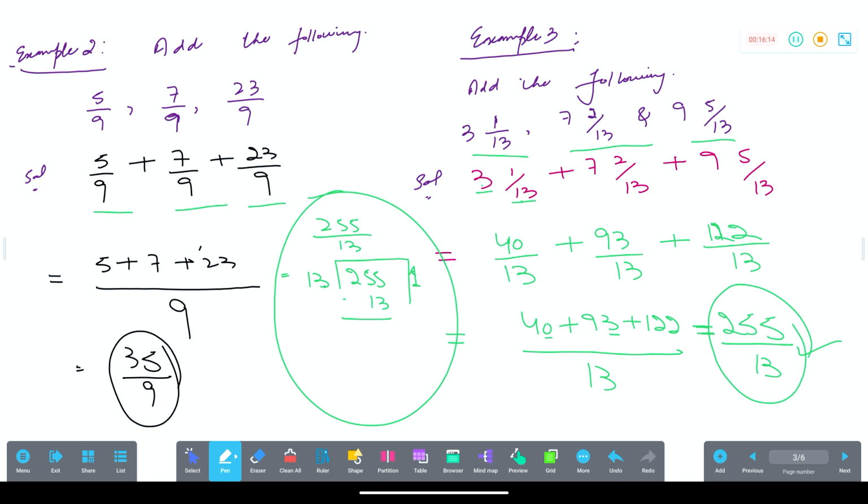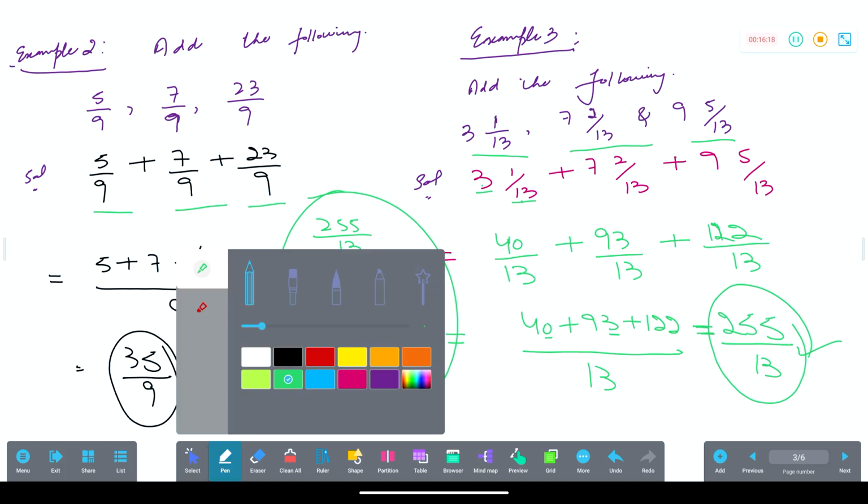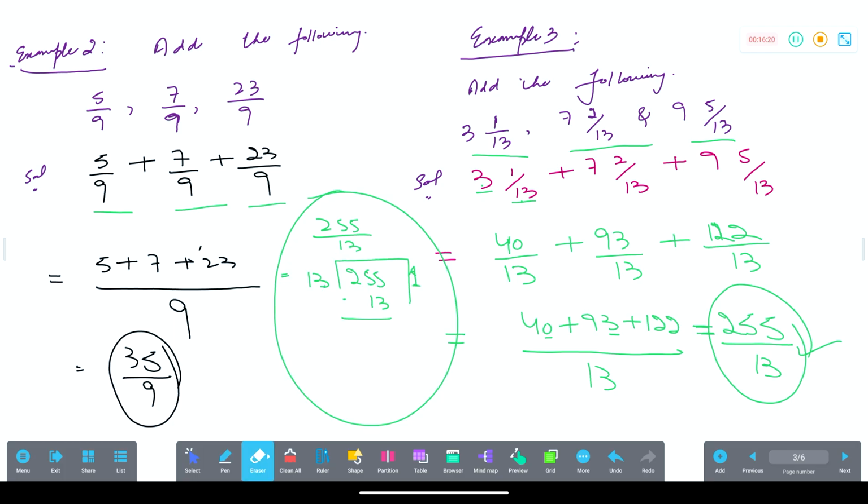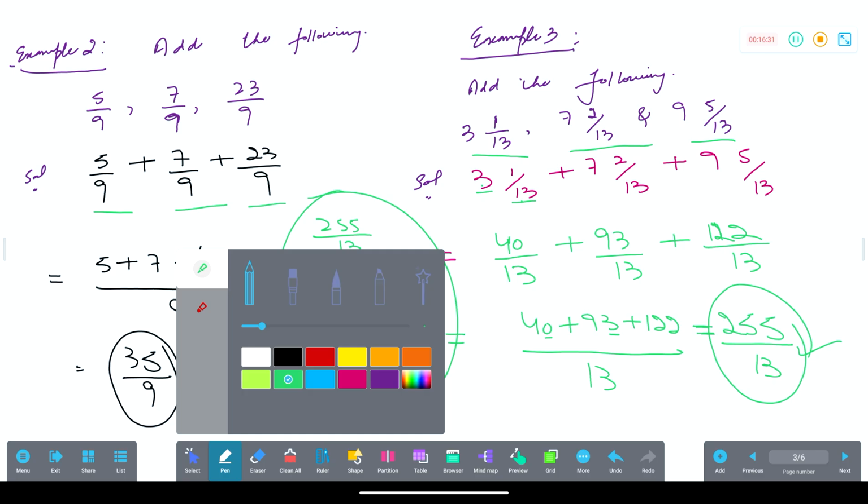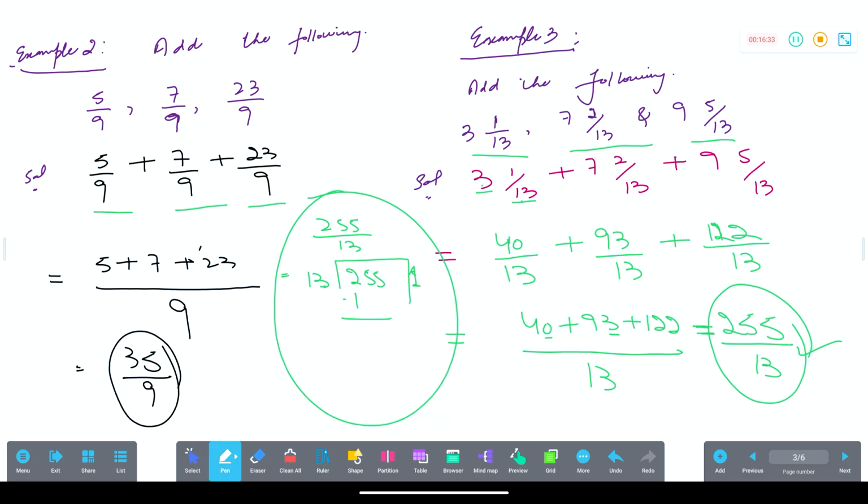You are dividing the first two digits here, that is 25, and you have to put the numbers that you will get just below the same numbers that you are dividing. So have a look. 13 ones are 13. Now 5 minus 3 is 2. 2 minus 1 is 1. So it's 12. Now what will I bring down? That is 5. It is 125.